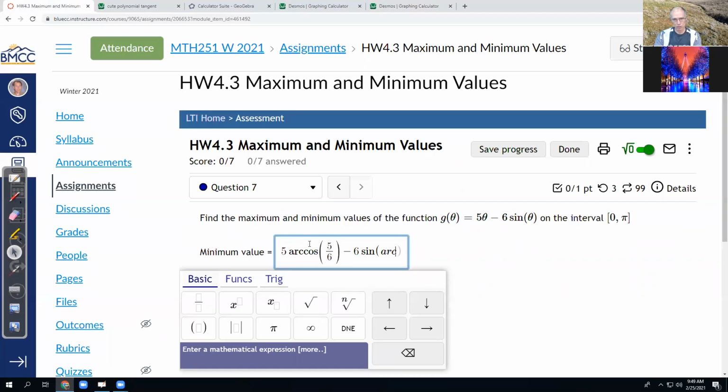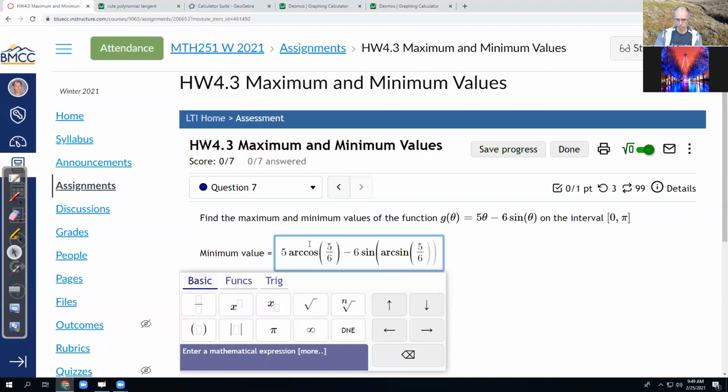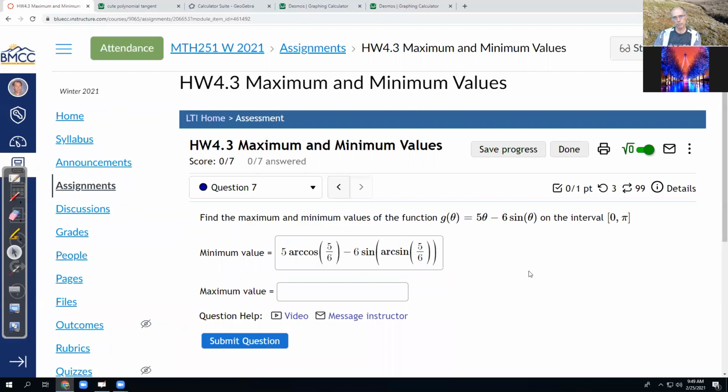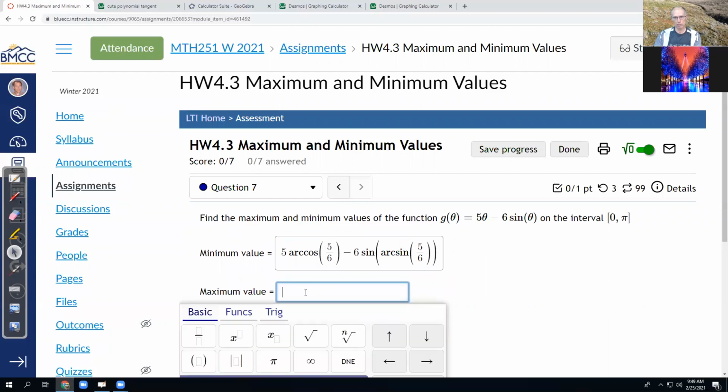And the sine of the arc cosine of 5/6 does simplify, but we're running out of time, so I'm not going to take the time to simplify that. I'm just going to go for this one right now. We've done plenty of those in the past.